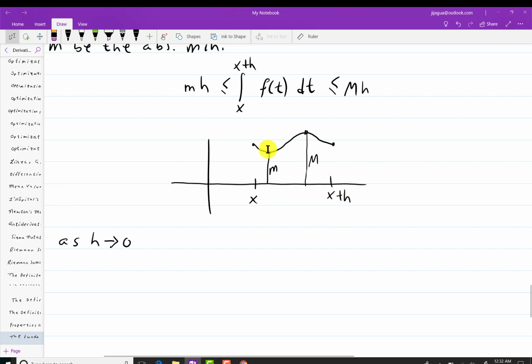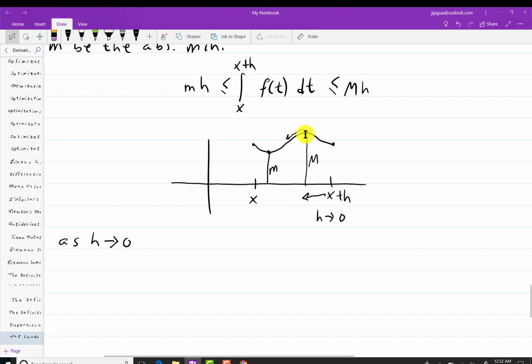I mean, these things are trapped between x and x plus h. If h is going to 0, this is shortening the interval. So allow h to go to 0, and you can see that this x plus h is going to go to x. That means that as you move along, the maximum of the interval will also move along with it.